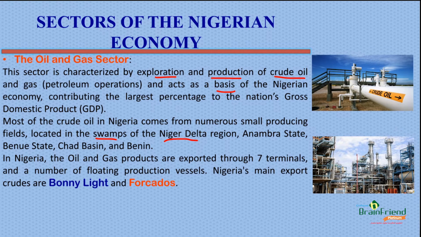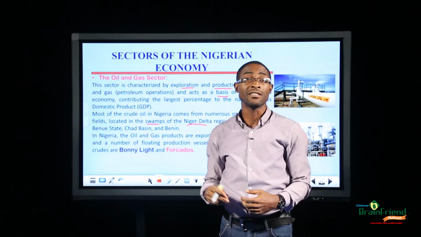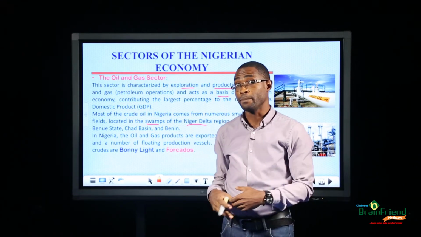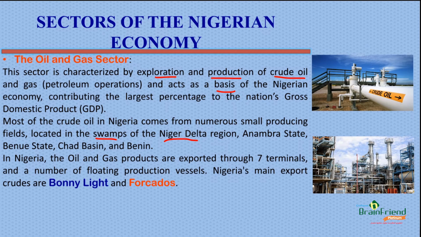So you have them in Rivers State, Delta State, Bayelsa, Abia. You can also find oil and gas activities in Anambra State, Benue State, the Chad Basin, and Benin. In Nigeria, some of the crude exported are Bonny Light and Forcados.